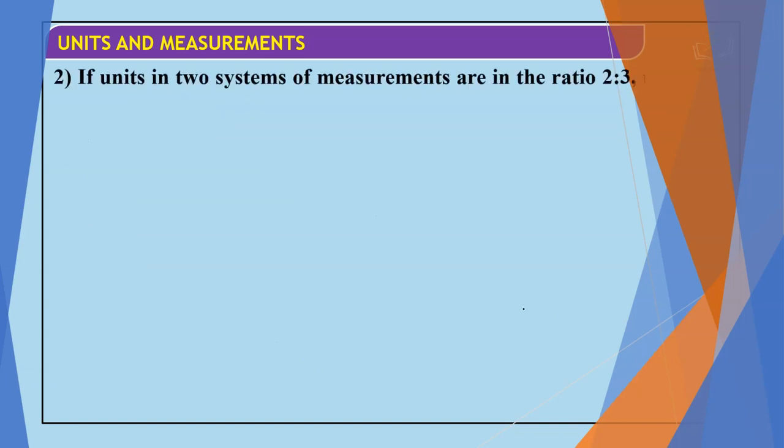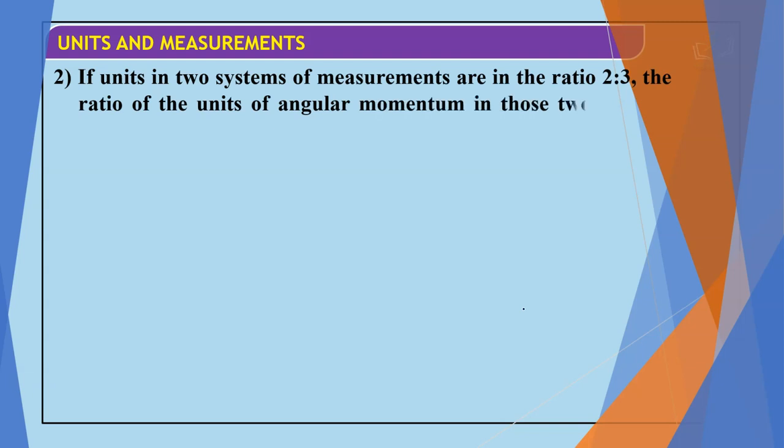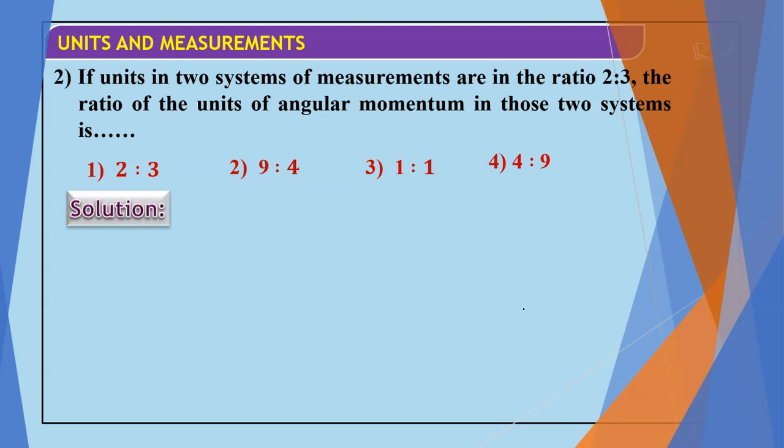Second question we have: if units in two systems of measurements are in the ratio 2:3, the ratio of the units of angular momentum in those two systems is 2:3, 9:4, 1:1, 4:9. So let us move with the solution part.